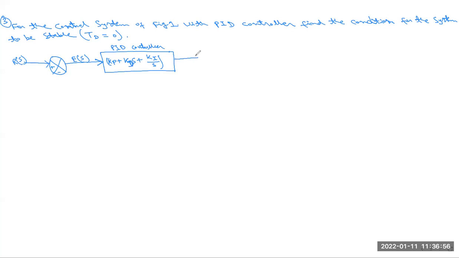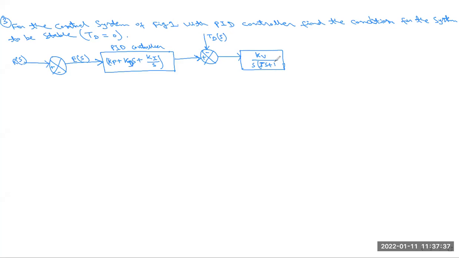Then we have to attach a delay time circuit at the summing point. This is positive, this is negative, which is coming from the TD of the system. Then we apply the plant or process, represented here as KV by S into tau S plus 1.